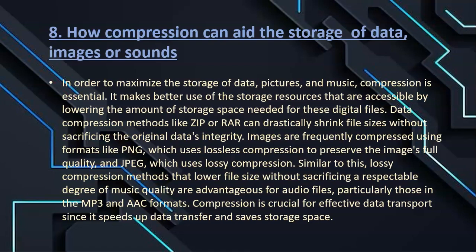Data compression methods like zip or rar can drastically shrink file sizes without sacrificing the original data's integrity. Images are frequently compressed using formats like PNG, which uses lossless compression to preserve the image's full quality, and JPEG, which uses lossy compression.